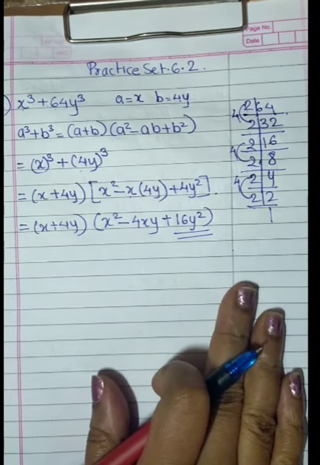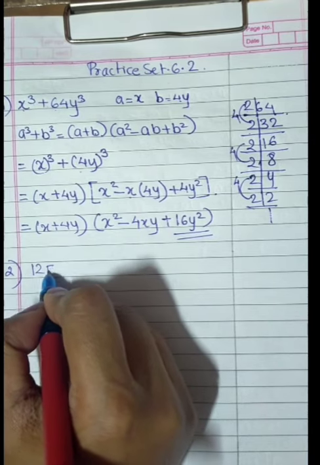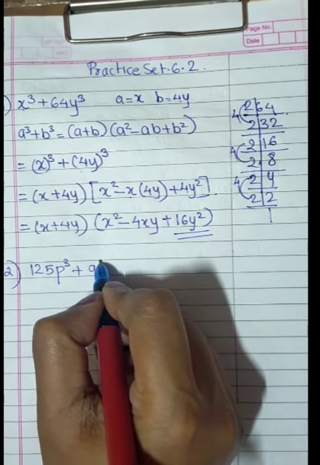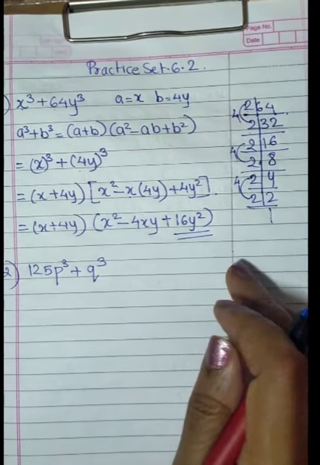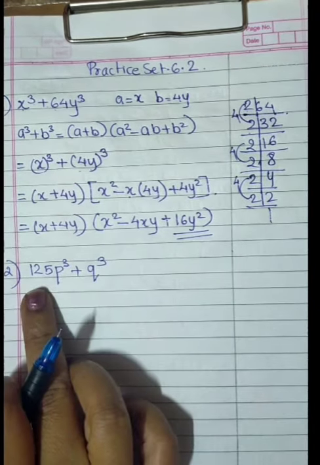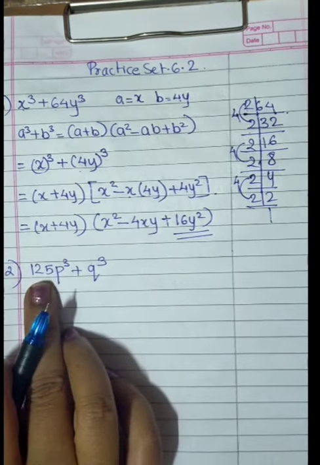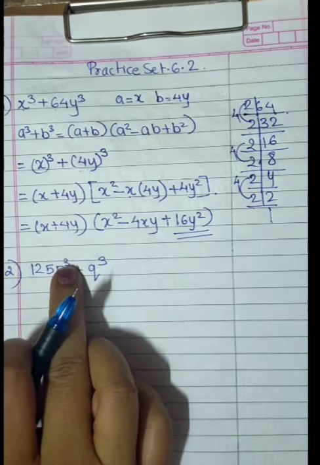Now we will move to the second one, that is 125p cube plus q cube. Okay, now here again we have to find the LCM of 125. See, as I know 5 cube is what?